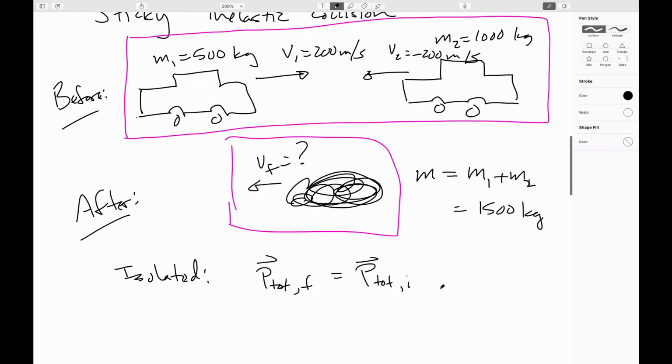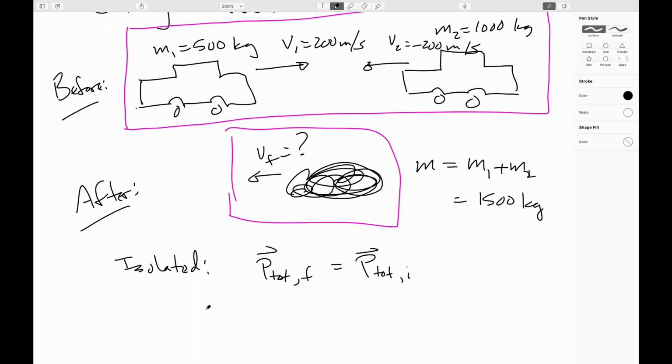And momentum, remember, is a vector, so we need to take components. So here I will take the x component. Afterwards, it's just one object, so we'll say P final x, and this will equal P1 initial x plus P2 initial x.